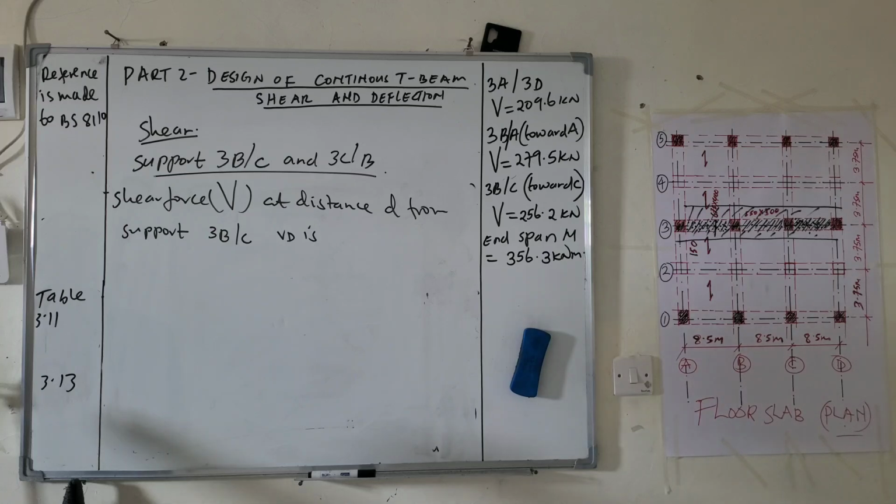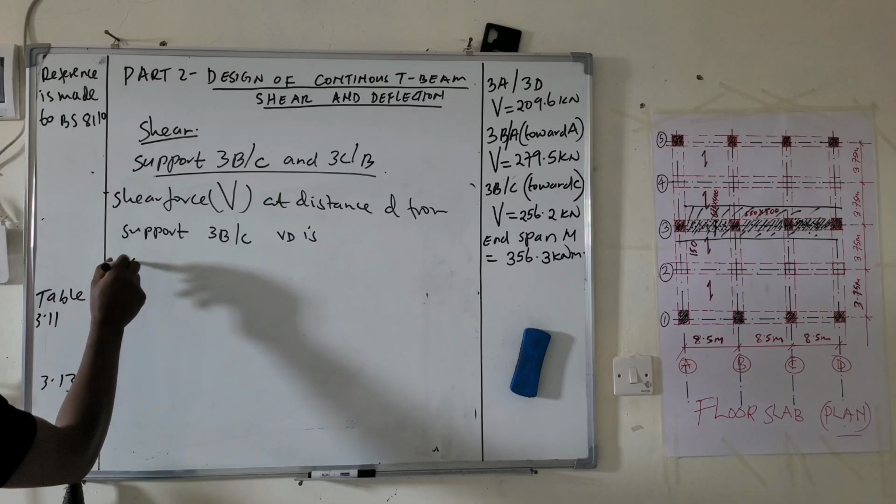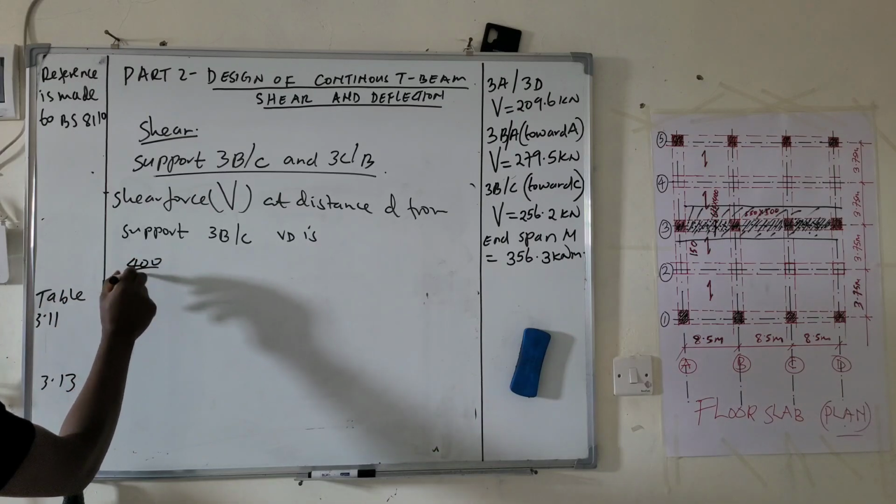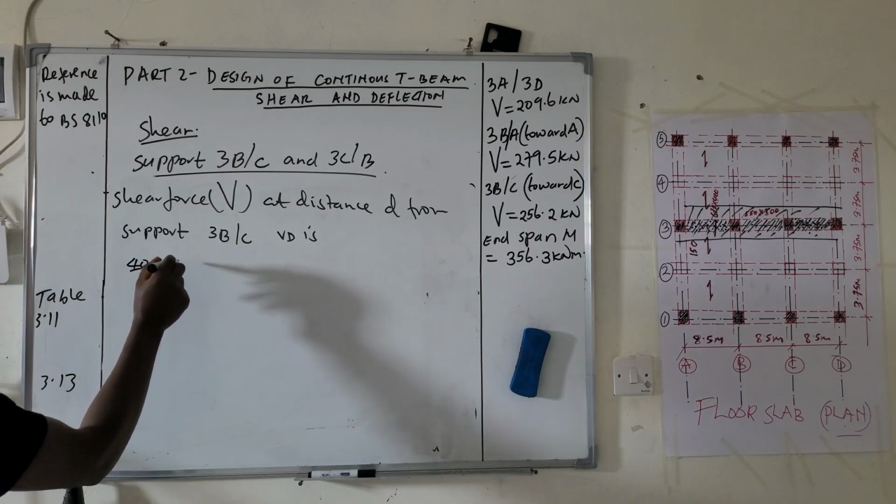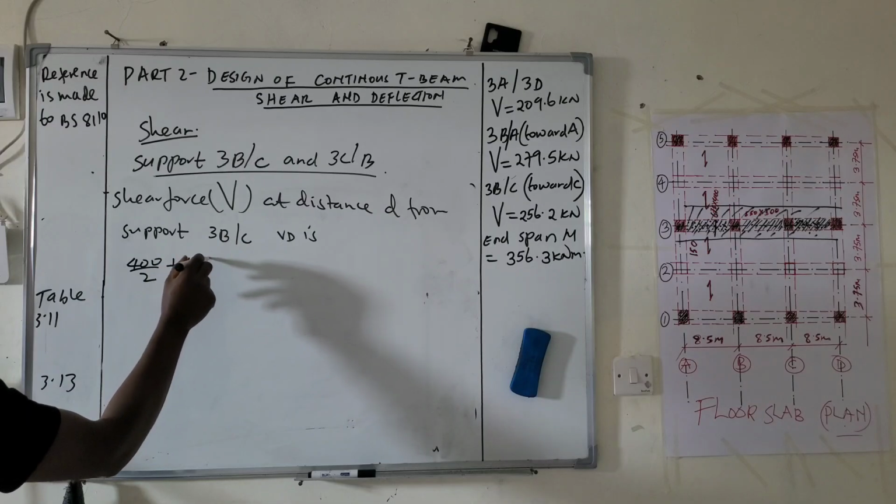So remember our critical distance is 400 over 2 plus 487.